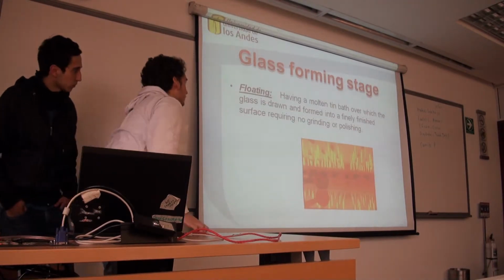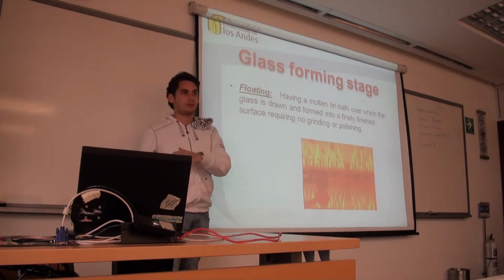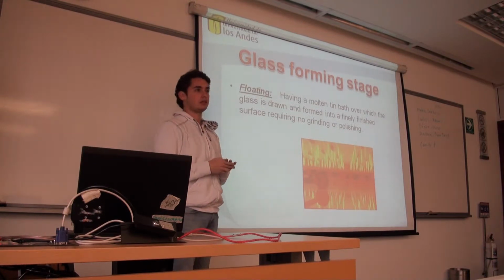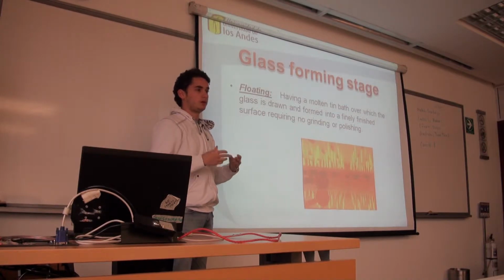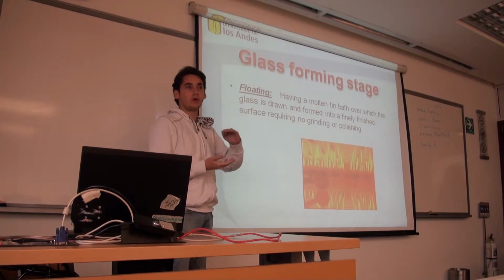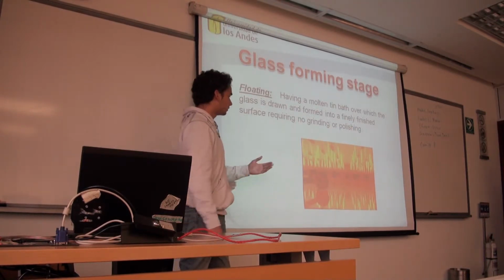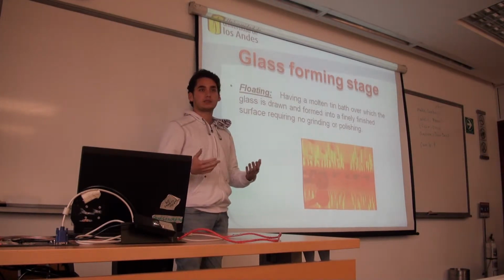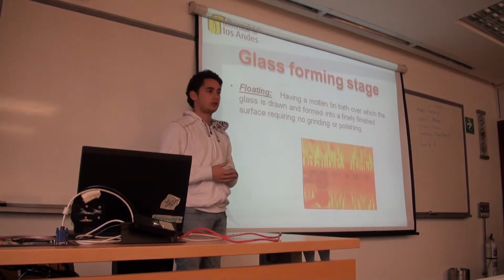Okay. Then, when you get the melted glass, you need to turn the melted glass into sheets of flat glass. So there are basically three techniques. The first one is floating, that is based on fluids: if you have a fluid with lower density, it will float over one with higher density. So the idea is to create a bath with melted metal, for example tin, that is the most common metal that you use.